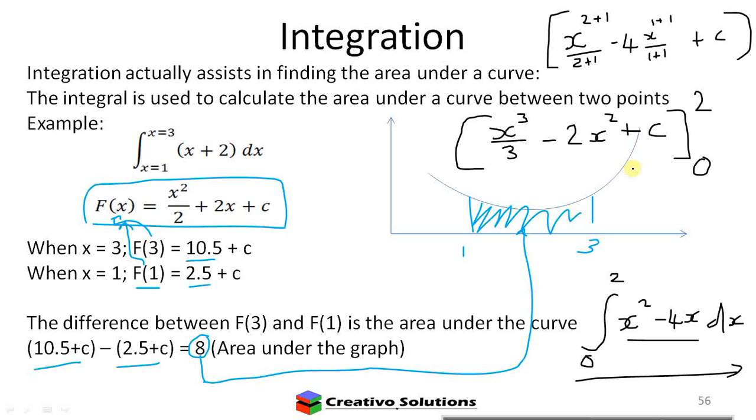Good. Next line, equals. You can use the calculator, don't worry about having to do it manually. 3 minus 2 squared, minus 16 over 3 plus c.